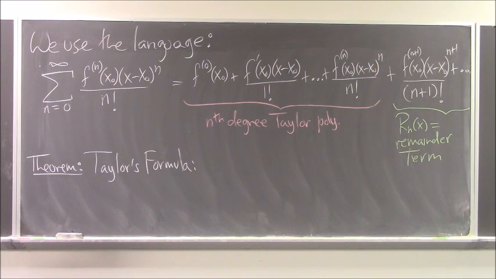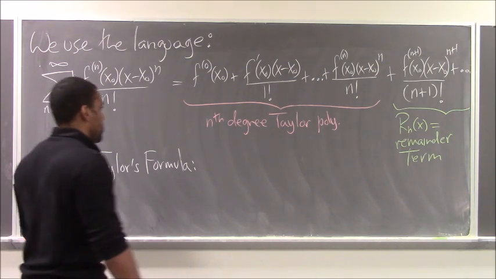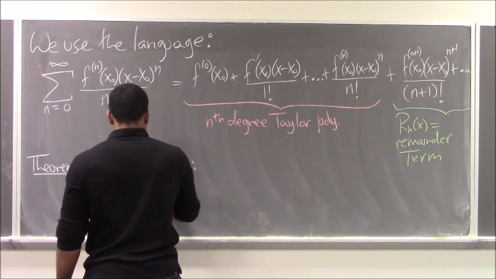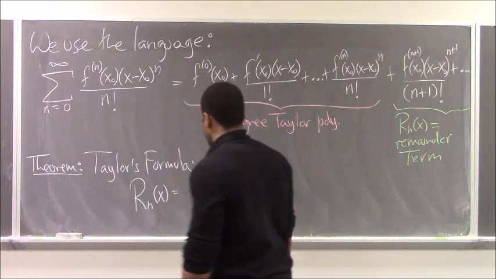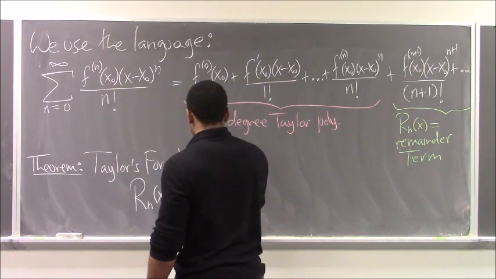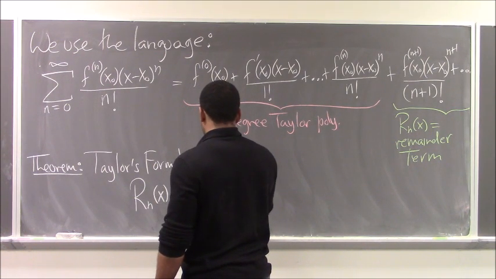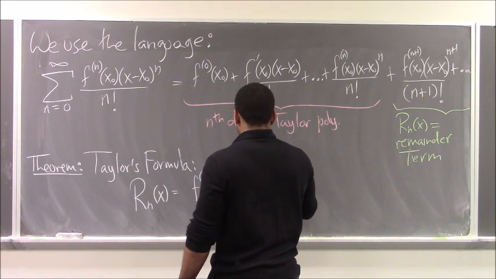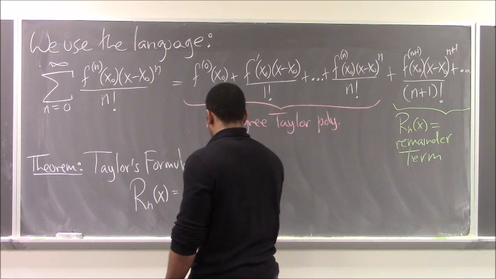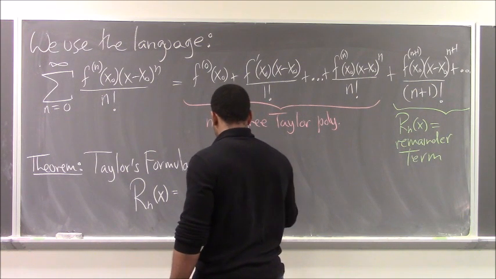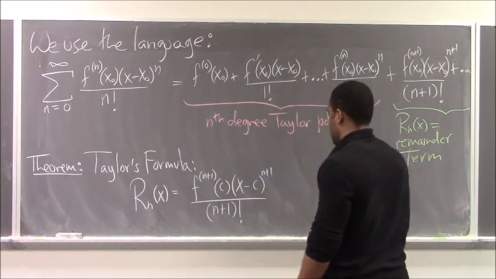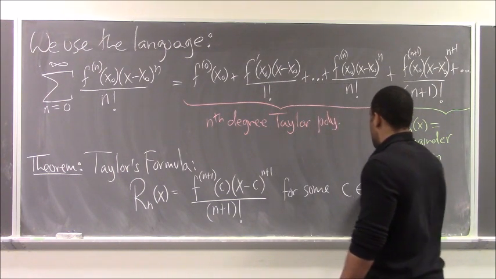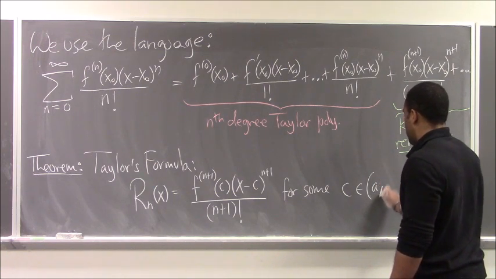Which basically says the remainder term is actually going to be f to the n plus 1 evaluated at c, x minus c to the n plus 1 over n plus 1 factorial, for some c in AB.